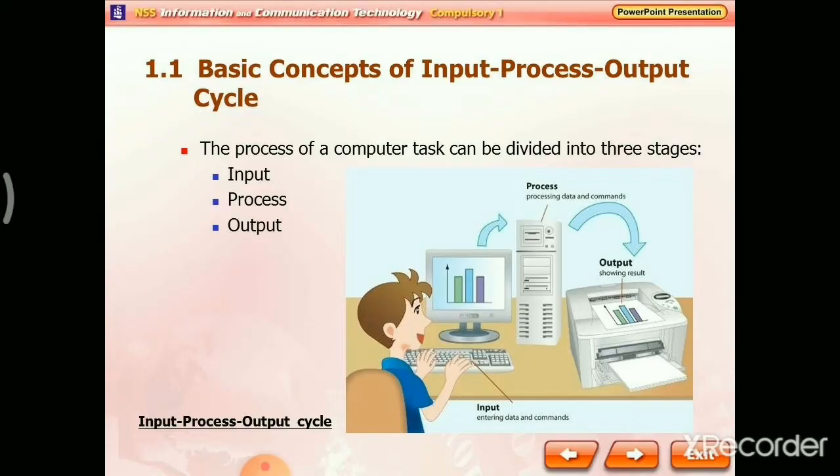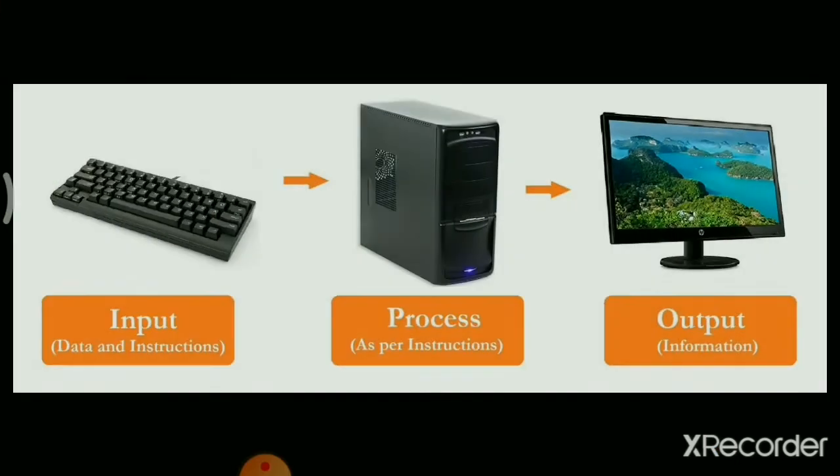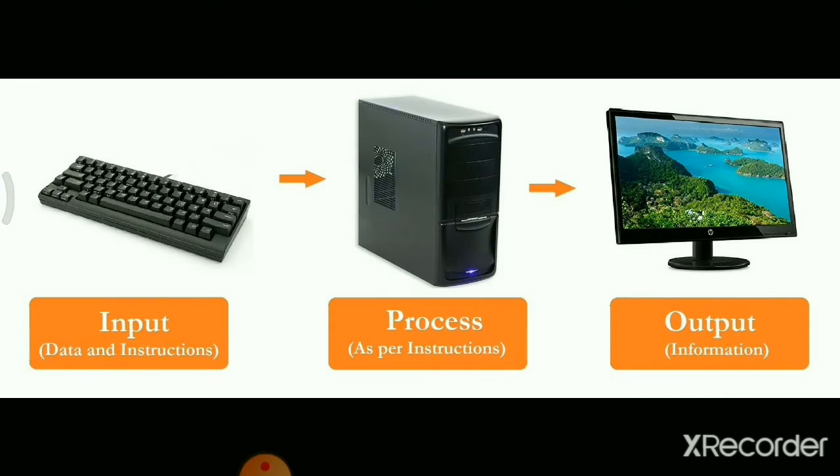Now let us see how the IPO cycle works in a computer. The process of computer tasks can be divided into three stages: input, process, output. Here input is the keyboard. Using the keyboard we are giving data and instructions into the computer.